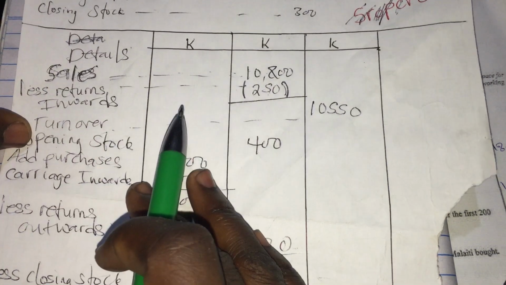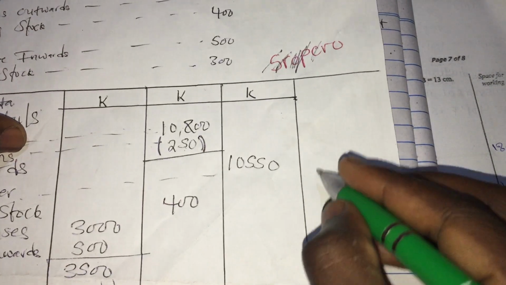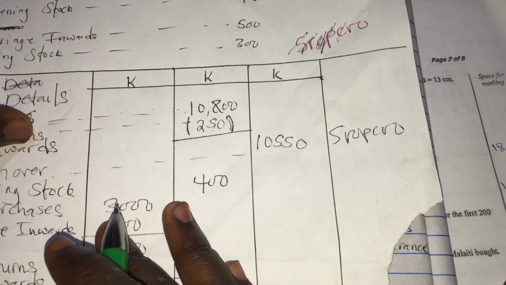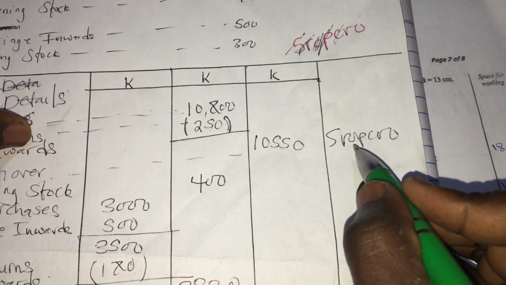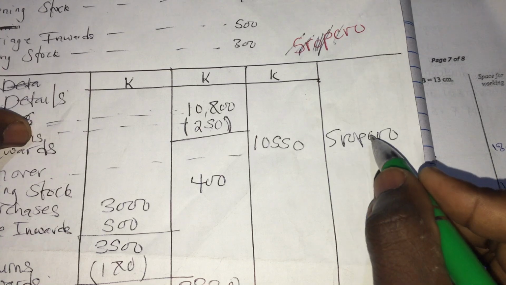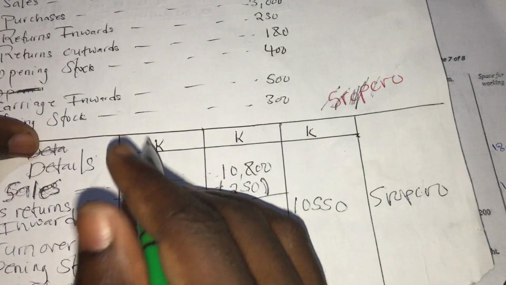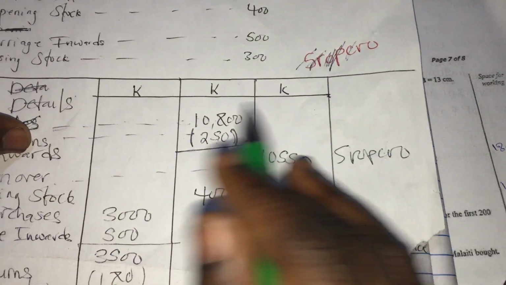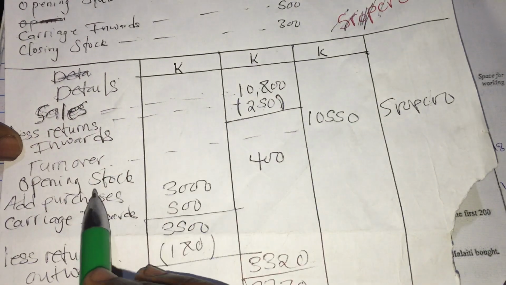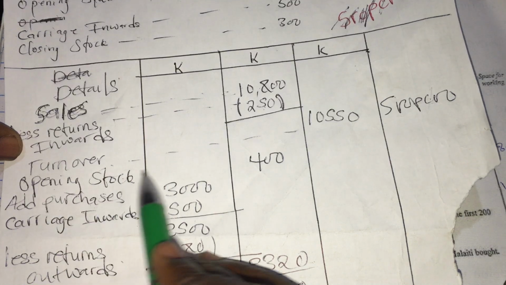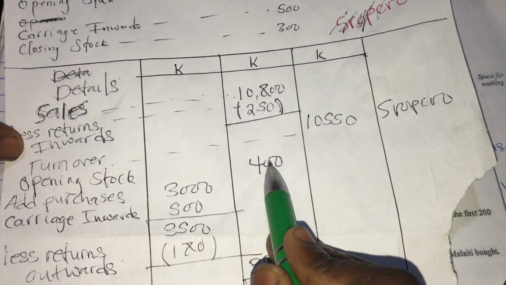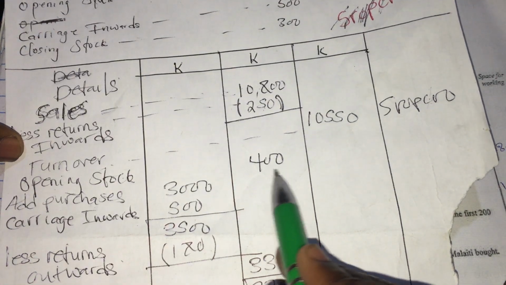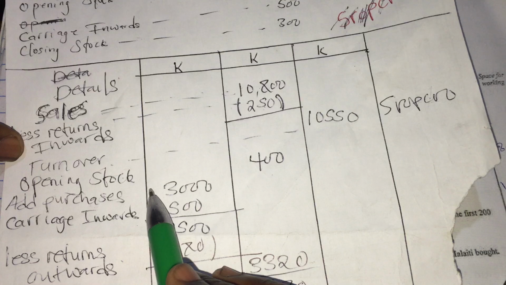On the items here, there's no carriage inwards. What would we have done? You have seen the opening stock, we would have placed it here where it is. Then the purchases amount we would have placed here, then added. You have seen that?